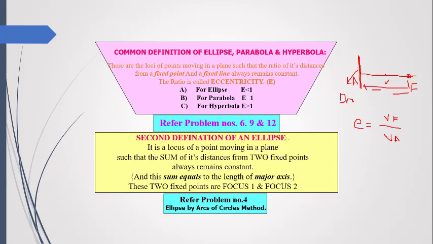The value remains constant means that, for example, a point is here. The distance from this line is 20 centimeter, or any unit, 20, and the other one is 40.